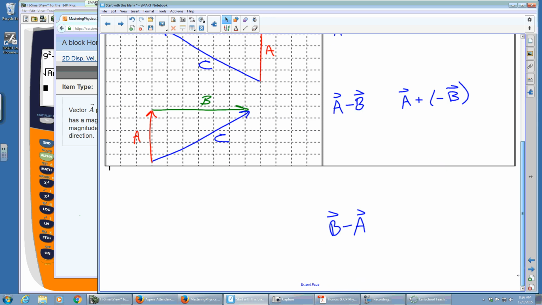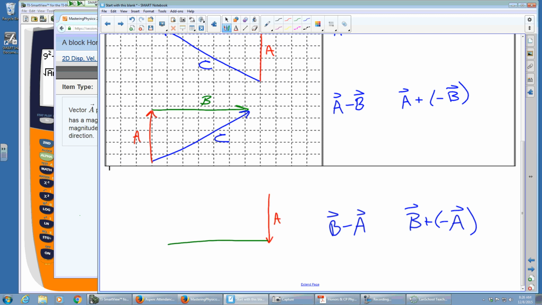And then B minus A, and the other way to write that, of course, is B plus a negative A. So now my B is back pointing to the left, but my A points down now. So I'm going to have A plus positive B, points in that direction, giving me my resultant C in that direction.